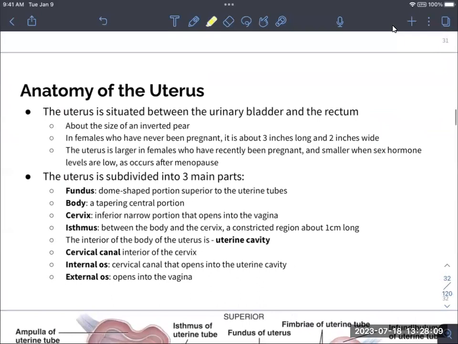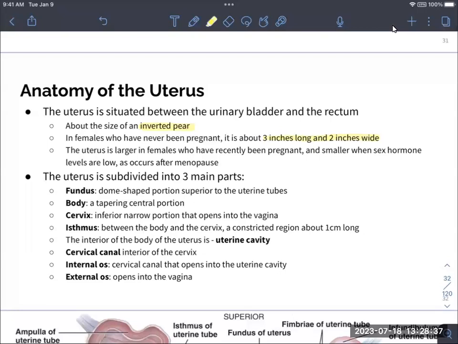So the uterus sits above the bladder. It's kind of an inverted pear, an upside down pear shape. In a female who has never been pregnant, the uterus is about 3 inches long and about 2 inches wide. The uterus is larger in a female who has been pregnant.